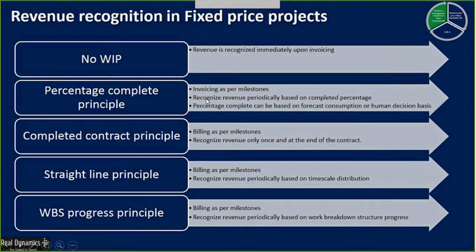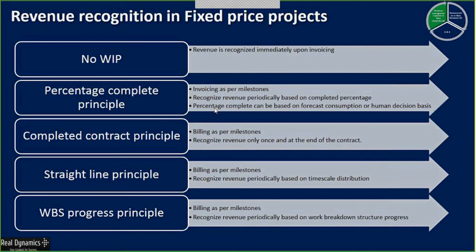The revenue recognition is done periodically, so it could be monthly, or it could be quarterly. From a timing perspective, how much revenue can be recognized is typically going to come from the percentage complete.